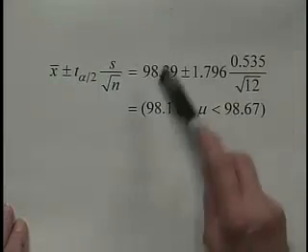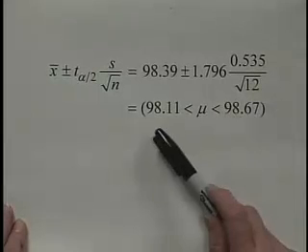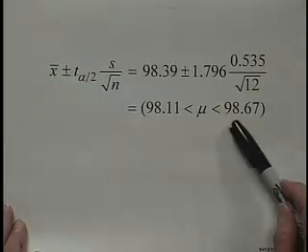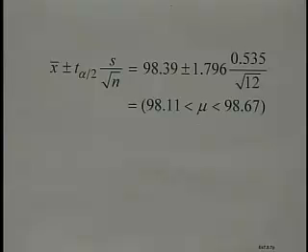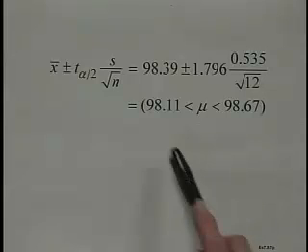When we do all of this, we find that our interval is 98.11 to 98.67. For a one-tailed hypothesis test with a 0.05 significance level, we construct a 90% confidence interval. Because the assumed value of the mean, 98.6, is contained within the confidence interval, we fail to reject the null hypothesis.